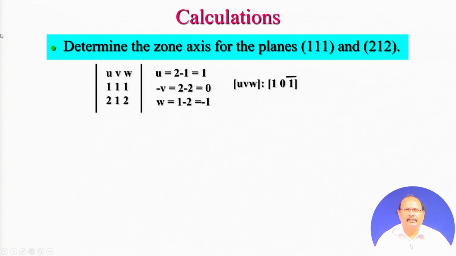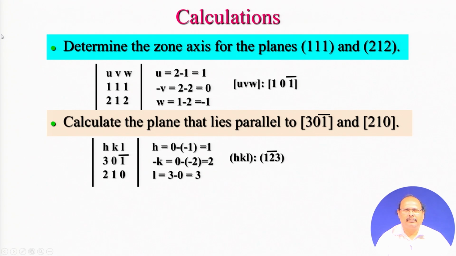Now, let us calculate the second problem. We have to calculate the plane in which lie these two directions, 3 0 bar 1 and 2 1 0. We use the same thing here. Now you will be calculating the plane, that is why you will be using the symbol h, k and l. We have written these two directions here, 3 0 bar 1 and 2 1 0. Now, you calculate h.